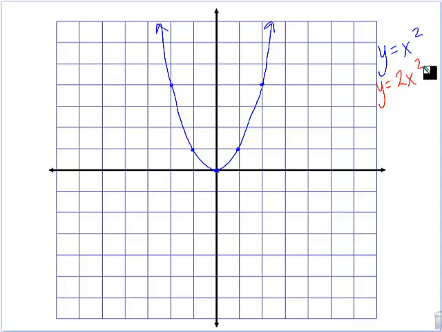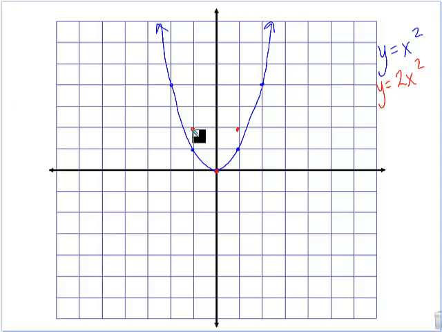Every time we think about what our x squared value is, we have to multiply it by 2 to figure out how high we should go in the y. So if we move over 1 in the x direction, what's 1 squared? 1, but we have a 2 out in front. So we really want to take 1 times 2. We'd really go over 1 and up 2.